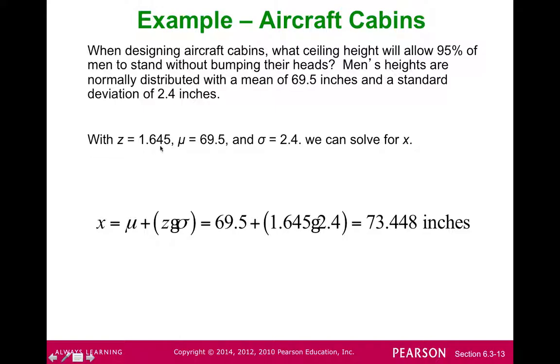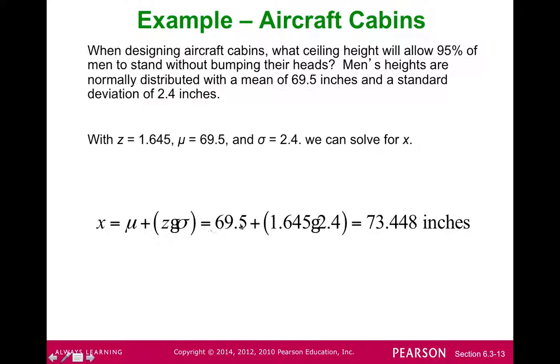So now that we have our z of 1.645, the mean that was given to us in the problem of 69.5, and our standard deviation of 2.4, which was also given to us in the problem, we can solve for x and find that maximum ceiling height. So again, we're going to have x equals the mean plus our z-score times our standard deviation. Sorry that the formula looks a little messed up here. Sometimes that happens with formulas when you put them into PowerPoint.